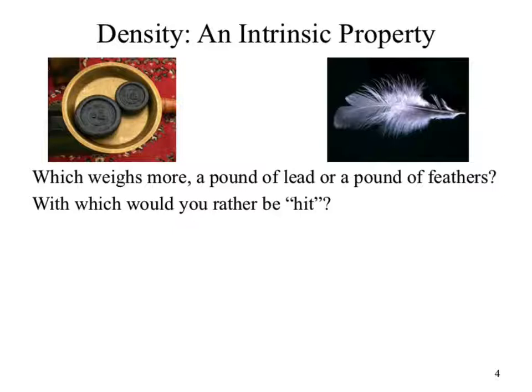Why is the kid saying a pound of lead is heavier? Okay. There's all sorts of reasons behind it, but one of the arguments for why we end up misinterpreting that question could come back to density. We could think about it as being hit. Which one am I rather going to get hit by? Probably a pound of feathers. Why?